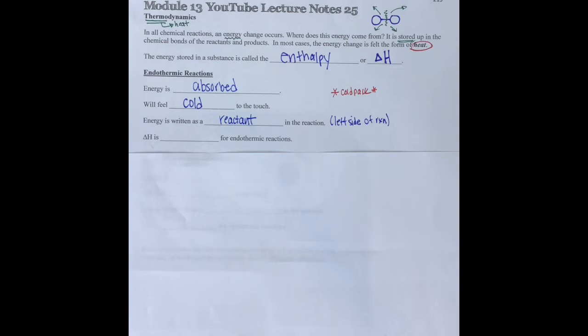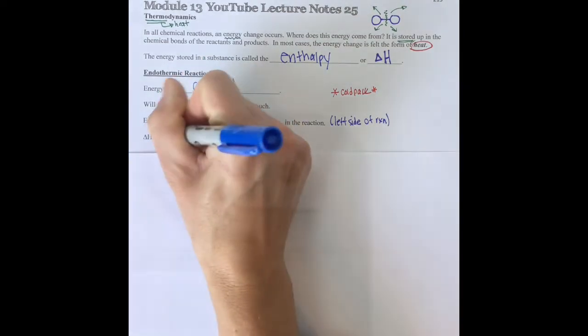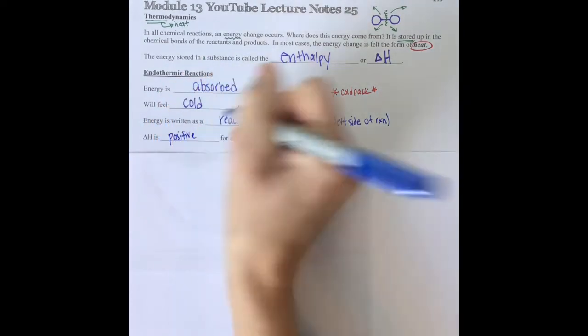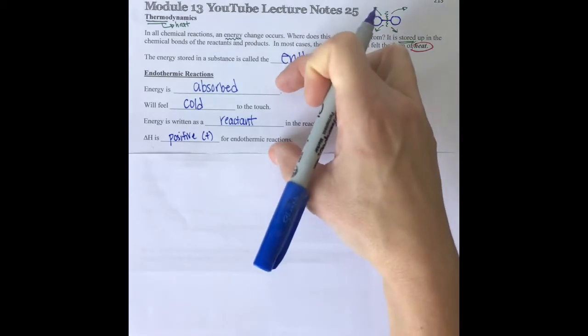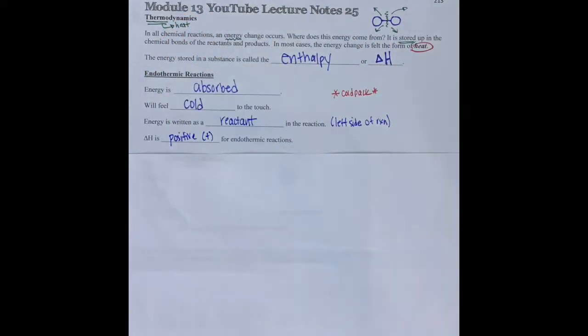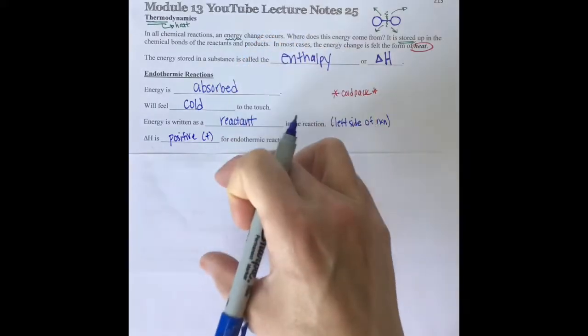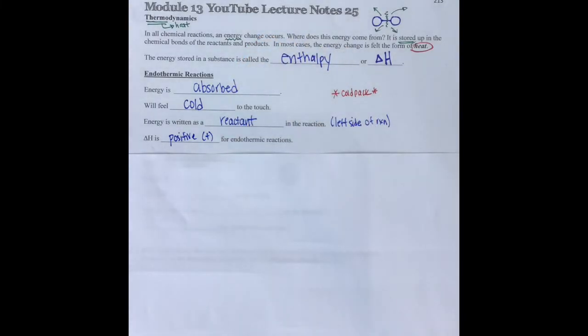And the change in enthalpy is going to be positive for these types of reactions. These main things about endothermic reactions are something that you should memorize. You could put them on a flashcard or just practice them lots and lots. And they're going to be opposites to the exothermic reactions.